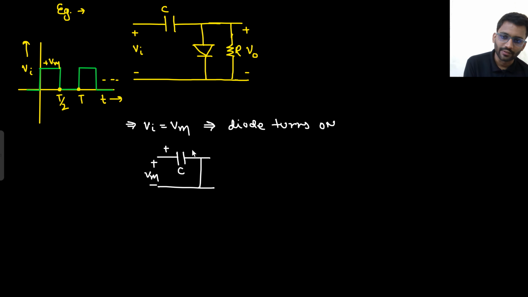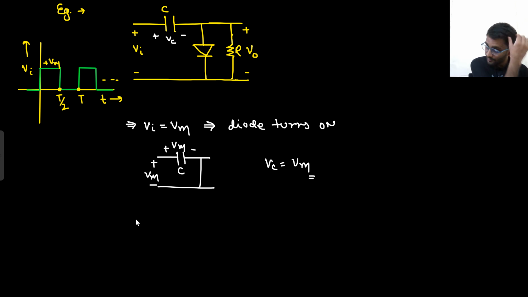Steady state capacitor voltage will be Vm in this direction. This is Vc. Vc equals Vm. Right?